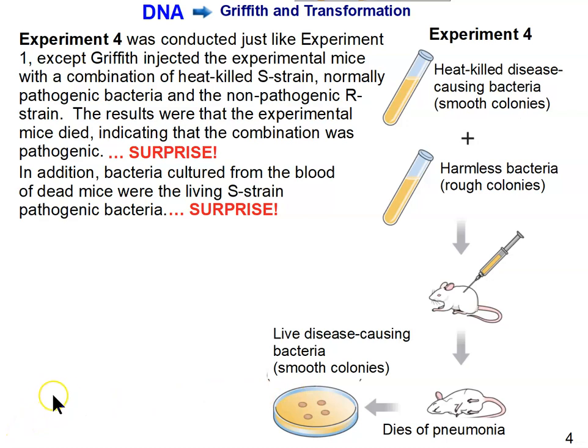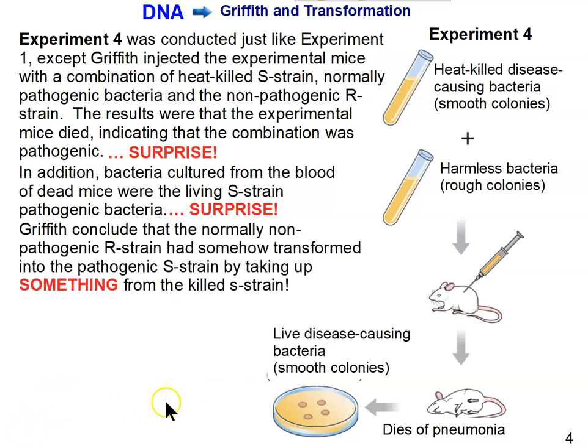So in trying to explain this, Griffith concluded that something had been transferred from the heat-killed S-strain bacteria to the living R-strain bacteria to turn them into living S-strain bacteria. But how?